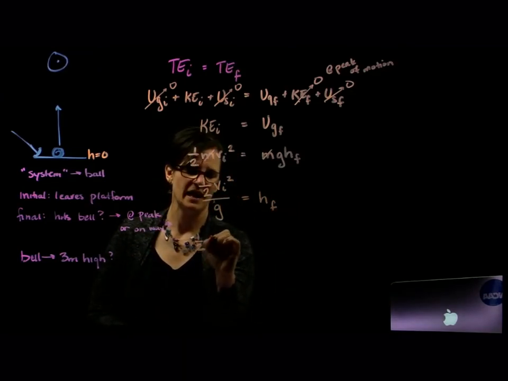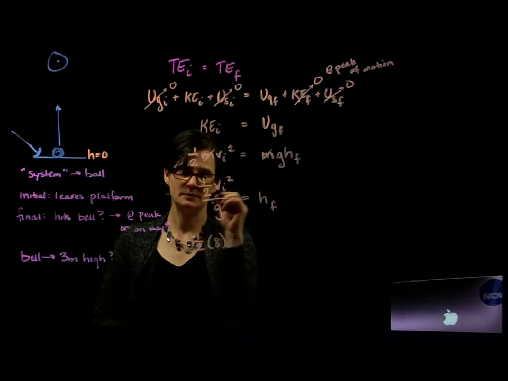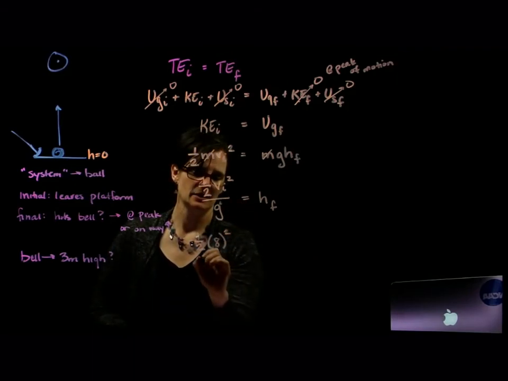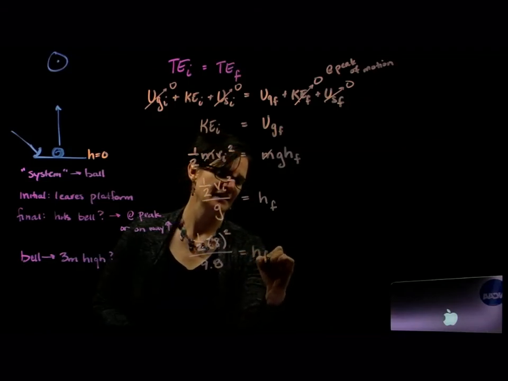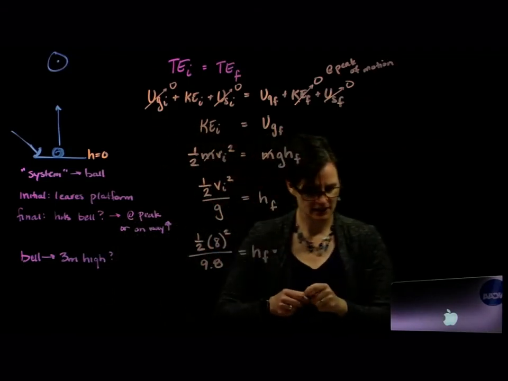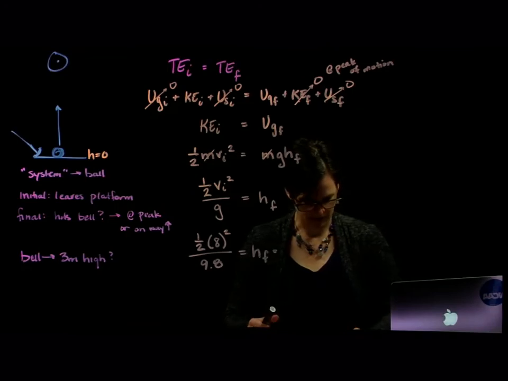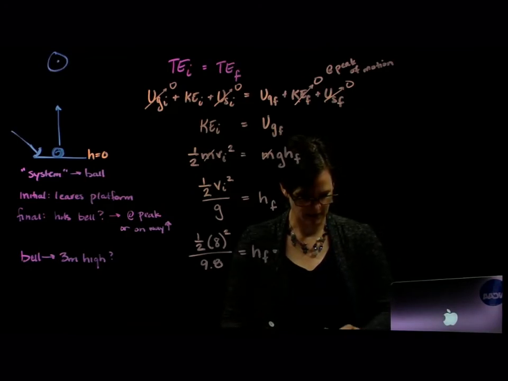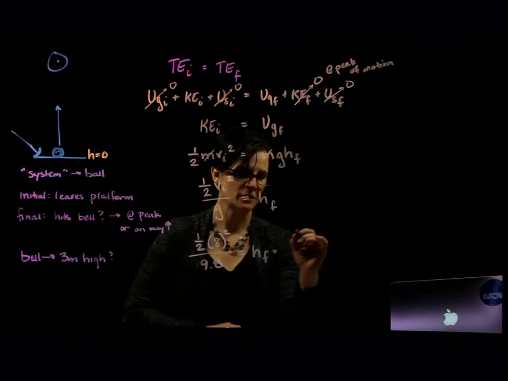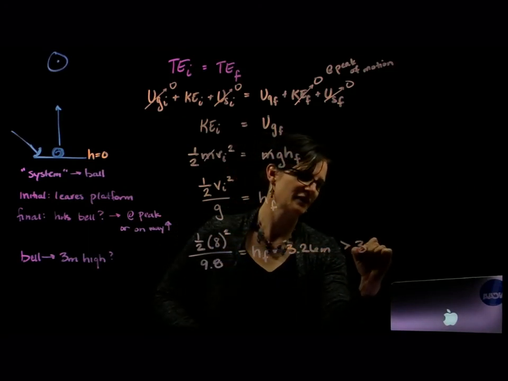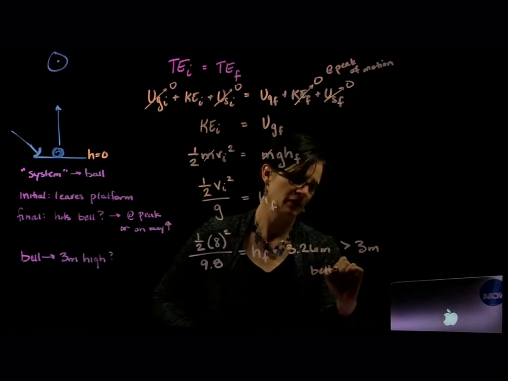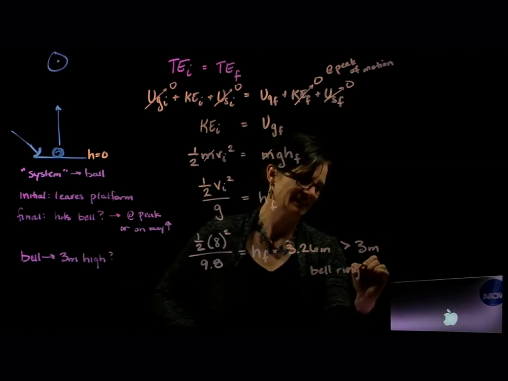So we have 1/2 times the initial speed of 8 squared over 9.8, and that equals my final height. So 0.5 times 8 times 8 divided by 9.8 gives me 3.26 meters, which is greater than 3 meters, so the bell rings.